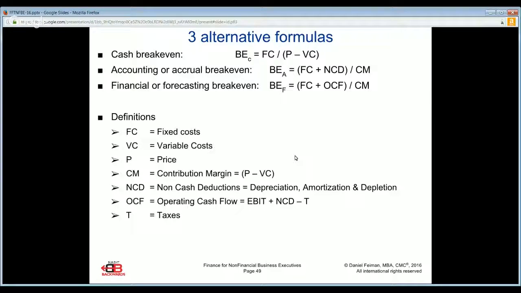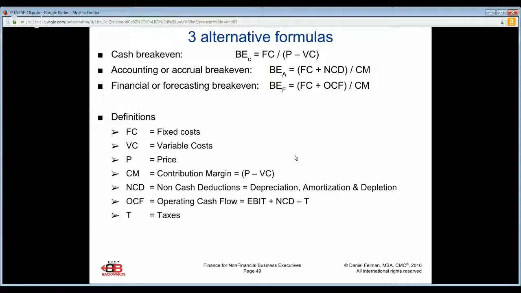The accounting or the accrual break-even is expanded just beyond this because for most of us, we're not on cash accounting, if we remember. We're on accrual accounting. So we want to change the numerator to go beyond just our fixed cost and add in the non-cash deductions. Remember, we're going to have these expenses from an accounting standpoint, even though we're not going to have to pay for them in cash.